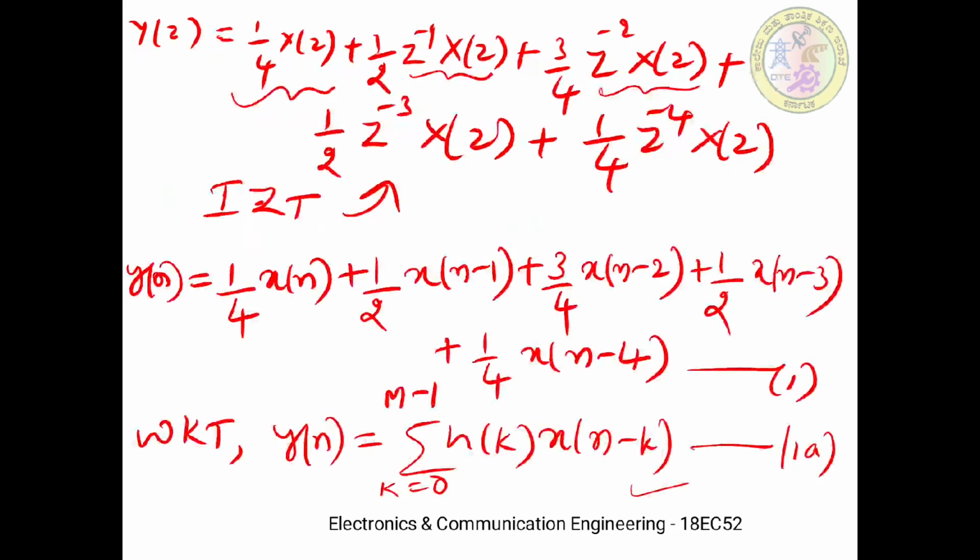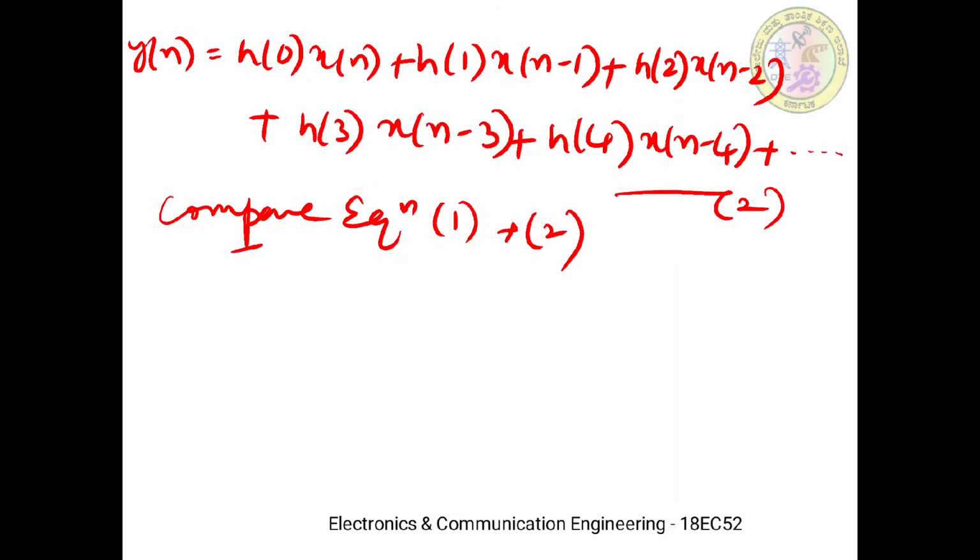So h of 0 is nothing but equal to 1/4. Similarly the coefficient of x of n minus 1 is h of 1, which is 1/2. So equation 1 and 2 are identical, and therefore we can get all the coefficient values.